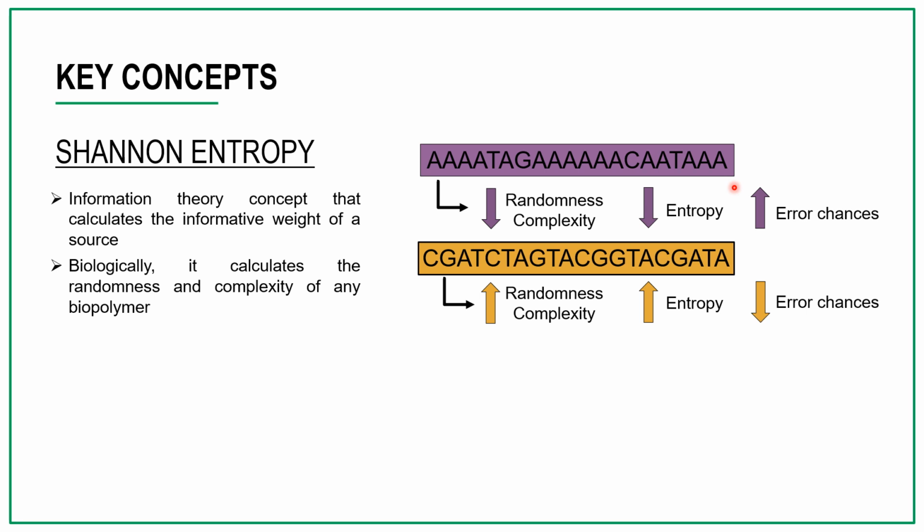So the Shannon entropy can calculate the randomness and the repetitiveness of a sequence and tell us if it's too prone to sequencing errors, so we can discard it if it's the case. That way we make sure that we only keep high quality reads.